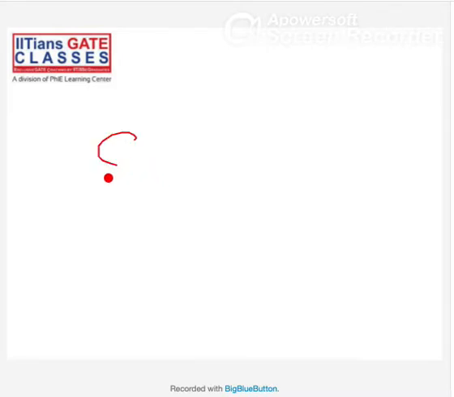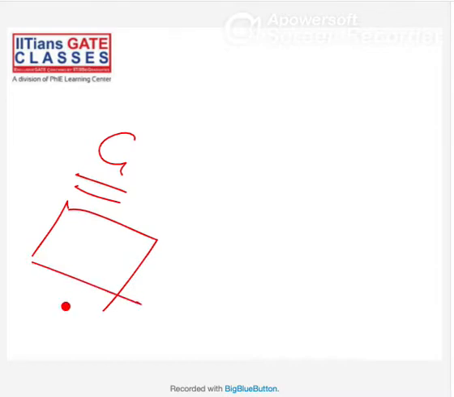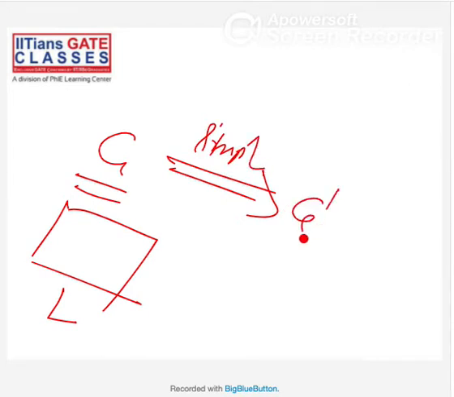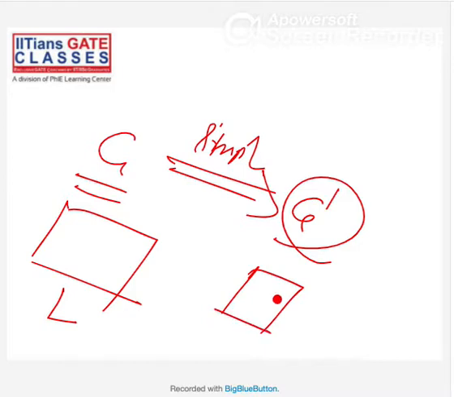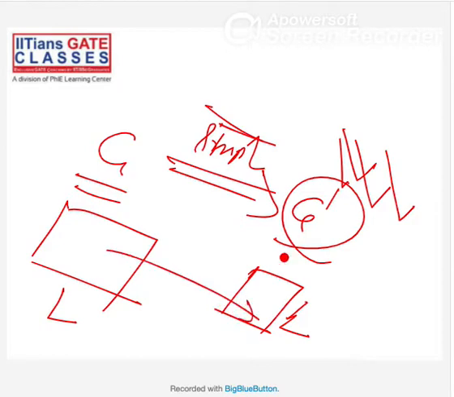So if you have a grammar G, let's assume, generating language L, you want to simplify it and get a simplified grammar that also generates language L. In this grammar you do not have epsilon productions, unit productions, or useless symbols and useless productions. So that's the simplification. Of course the language should not change.